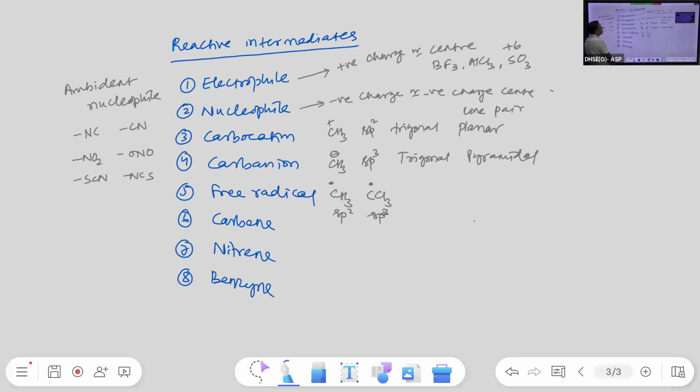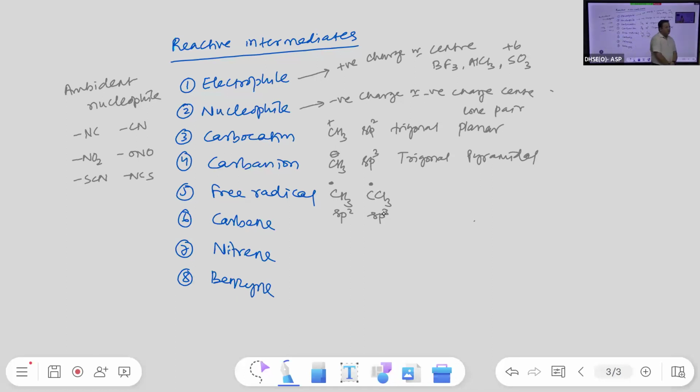Someone has written, as in the previous slide, bond cleavage, that means bond dissociation, bond breaking. Okay, friends, so that is bond cleavage or bond breaking or bond dissociation. So now the hybridization: CH3 dot is sp2 and CCl3 dot is sp3.